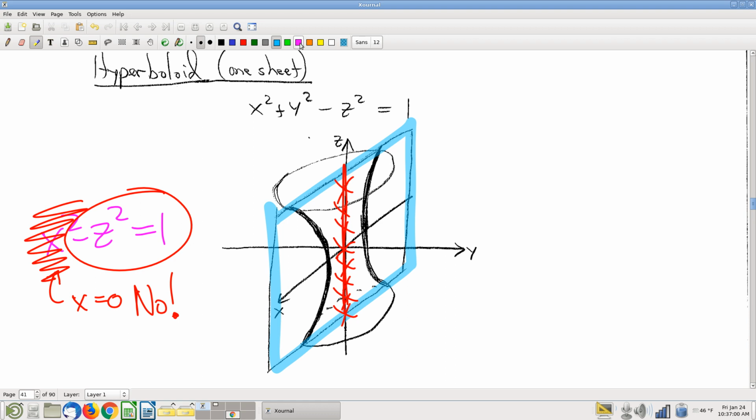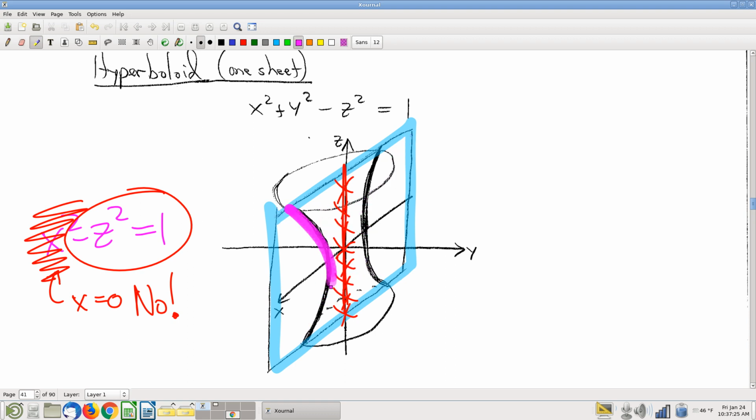Is it this one? No problem. It doesn't touch the forbidden line there, right? But wait a second. Could it be this? No. It's not allowed to touch that forbidden line. So there's no way that it could be this hyperbola. Violates sanity. And so therefore it's got to be the other one.